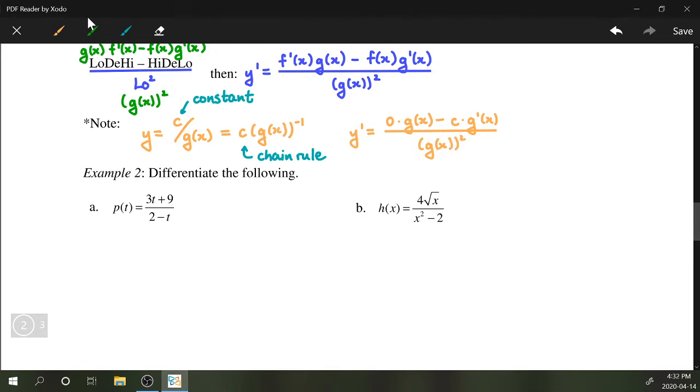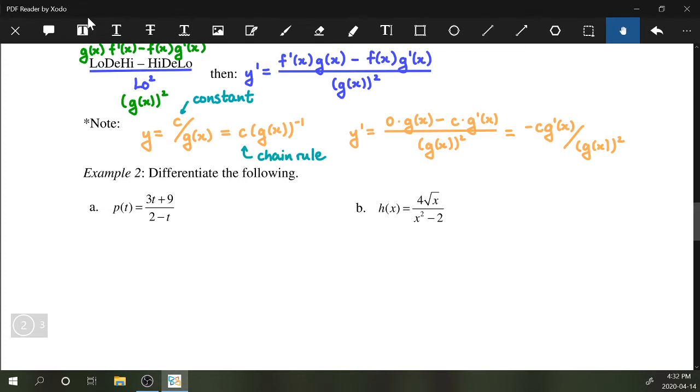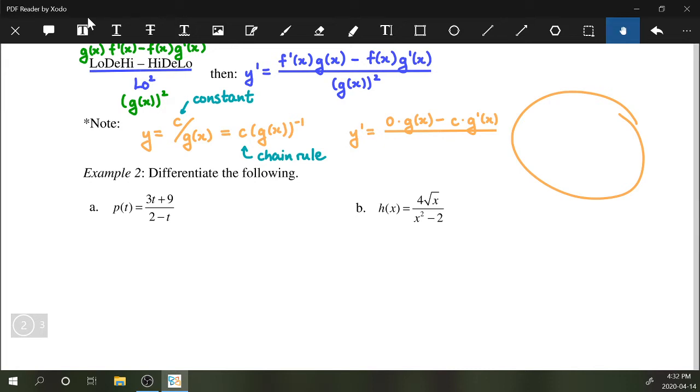Now, of course, you can simplify this, and you will simply be left with negative c g prime of x all over g of x all squared. And we will use this formula for one of the examples later on.